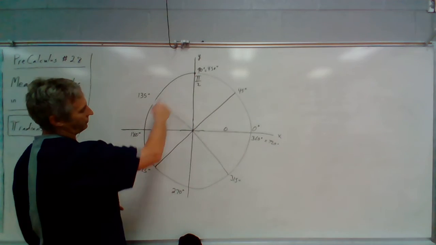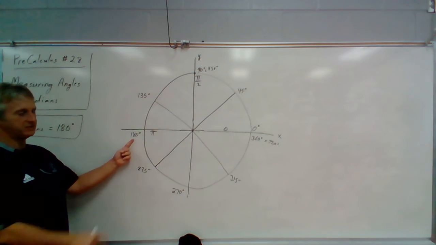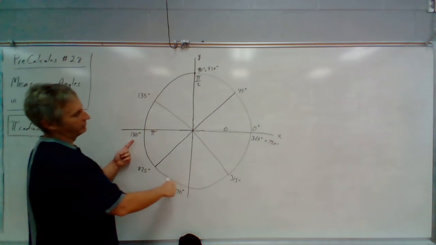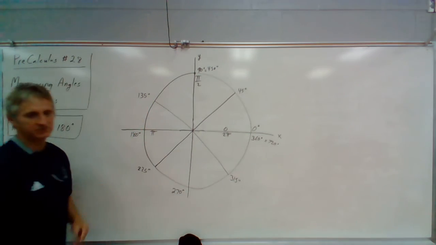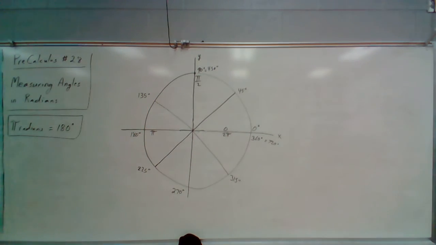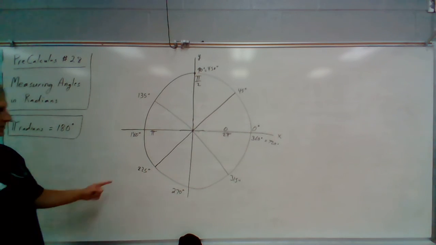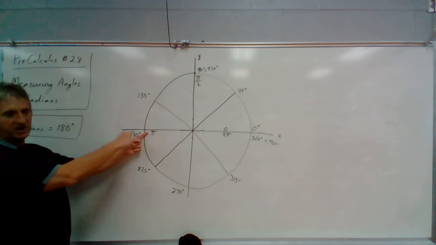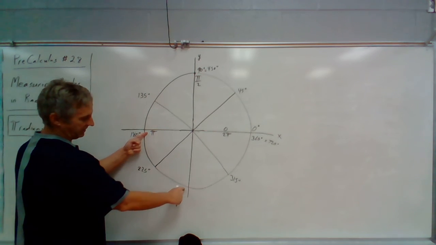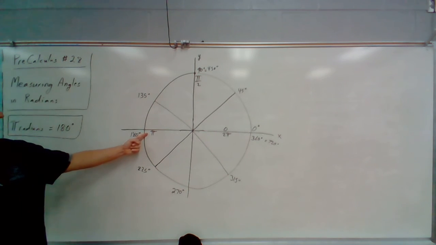What if we go all the way around the circle? 180 degrees is pi, so if I go all the way around, that would be 2 pi radians. What about 270 degrees? I'm going pi radians, and then another half of a pi radians.